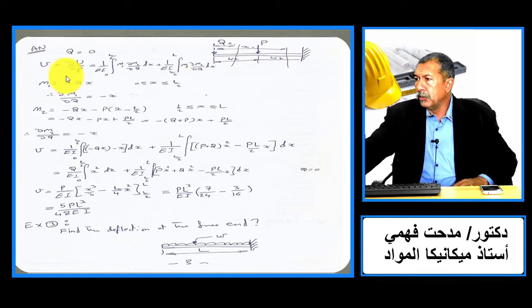According to that, V equals partial U by partial B, which we obtained in the previous example: 1 divided by EI.